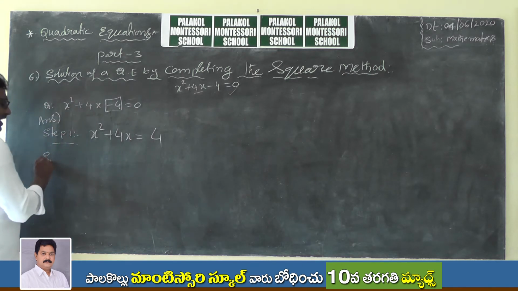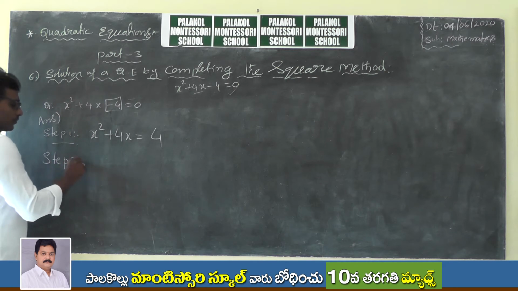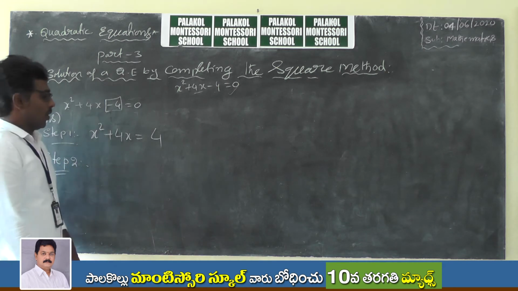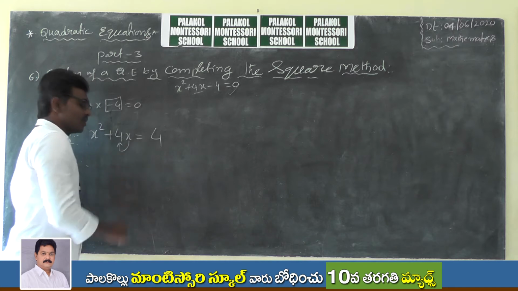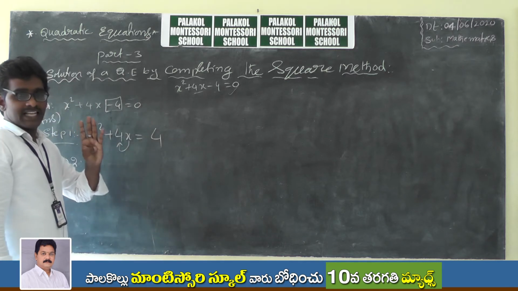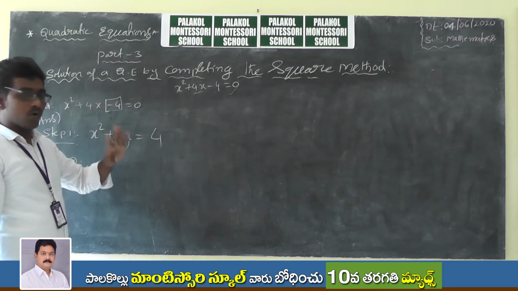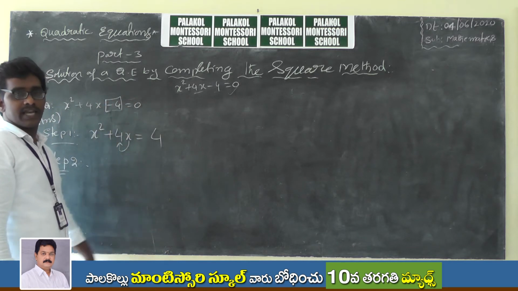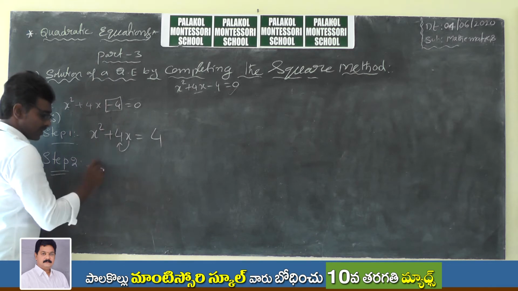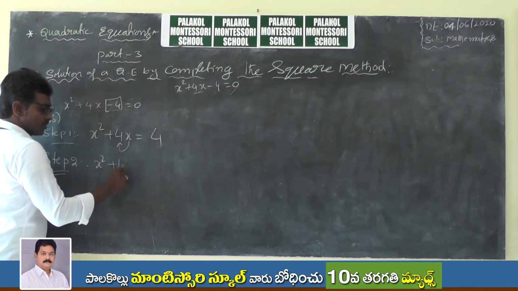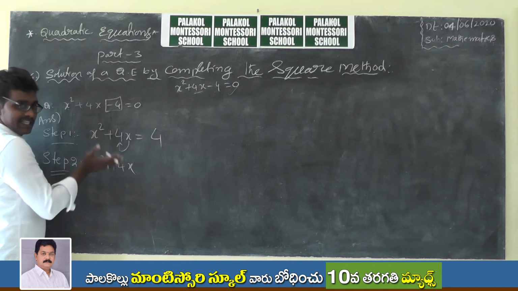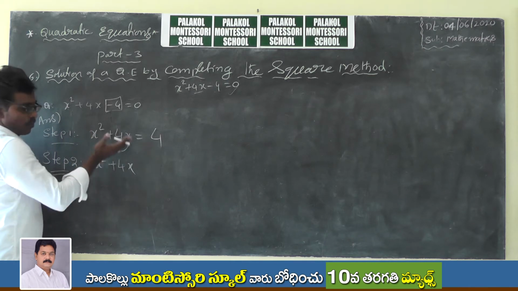Next one, step 2. What is step 2? What here? Coefficient of x is 4. Half of it is 2. 2 square is 4. 4 should be added on both sides. Once again, you write this term as it is. So don't change it, x square plus 4x.